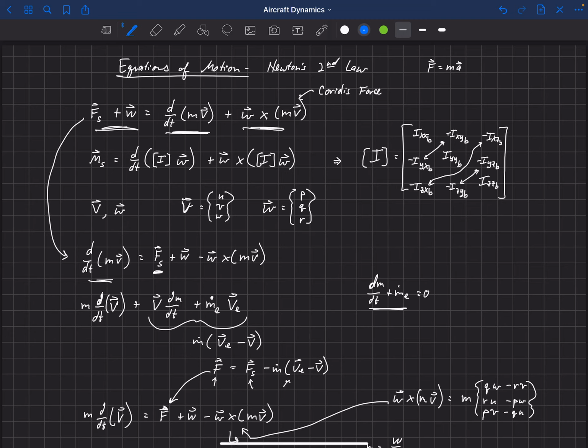Most aircraft are very nearly symmetric about the XZ plane. And so what happens is that these terms right here go to 0. So in our inertia tensor, we're going to assume those 4 components go to 0.